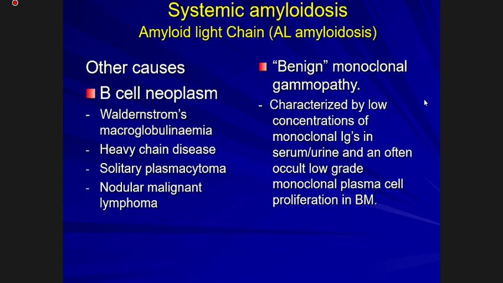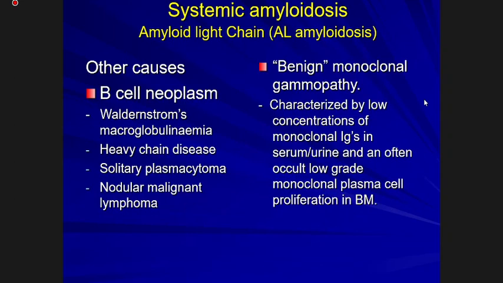Besides multiple myeloma, remember I said there are other forms of monoclonal proliferation of B cells which don't fit the diagnosis of multiple myeloma. You will learn about this later, I think, in hematology. Another type is the B cell neoplasm we call Waldenstrom macroglobulinemia, which is more of a heavy chain rather than the light chain.